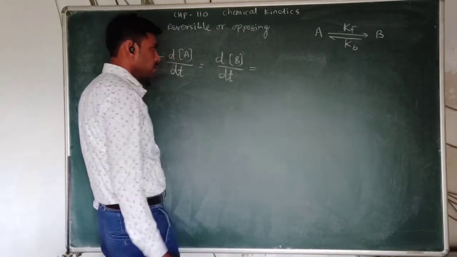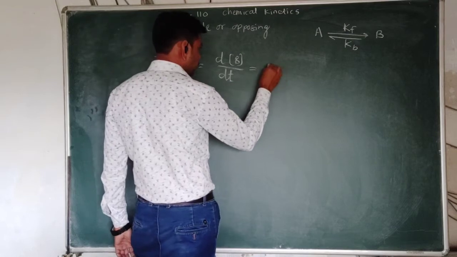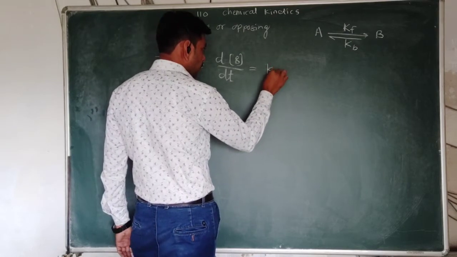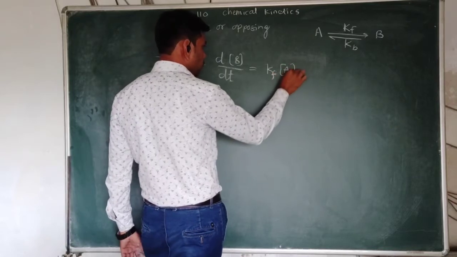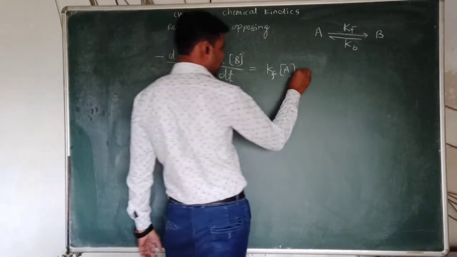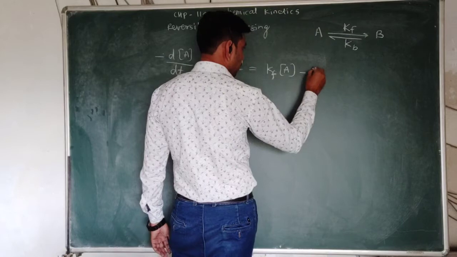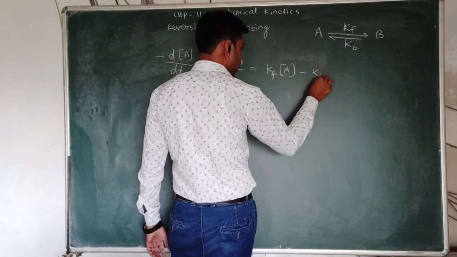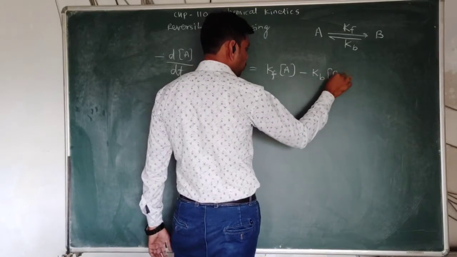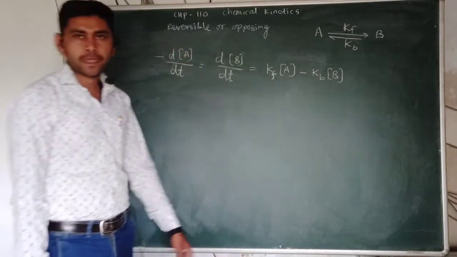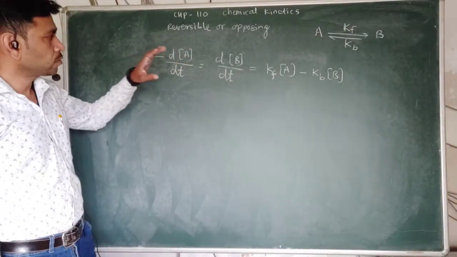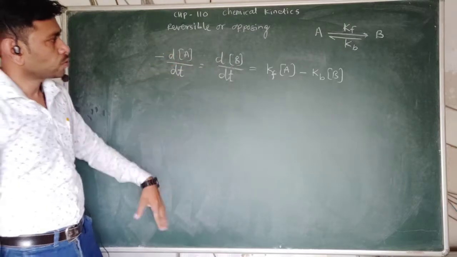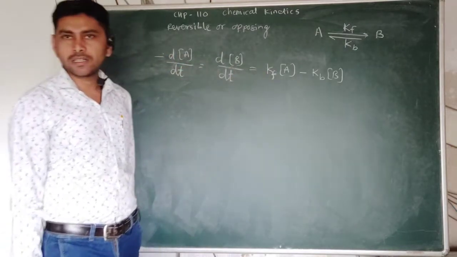That can be written as Kf, the rate constant for the forward reaction, into the concentration of A, minus, at the same time B is converted into A, Kb, for the backward reaction, into the concentration of B. So at the same time the product may be converted into reactant, so the opposing reaction is there.